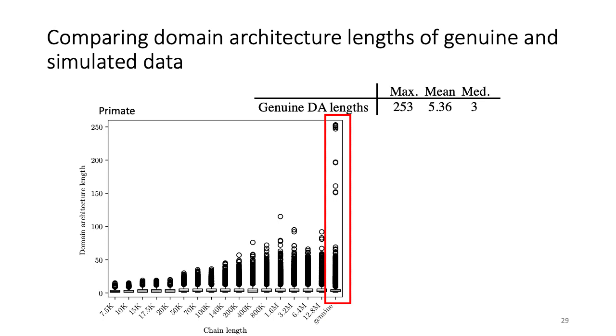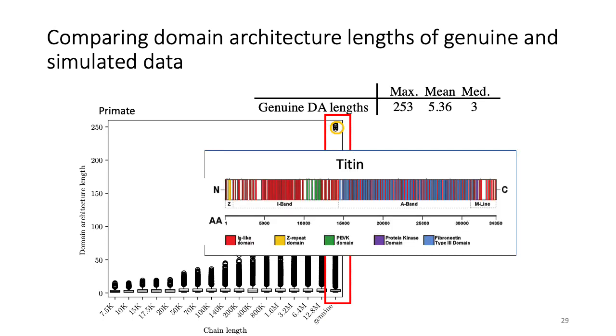The genuine distribution contains some outliers with very long domain architectures. These huge outliers are orthologs of titin, a muscle protein that can contain as many as 253 domains. Our simulator did not generate a domain architecture of this magnitude in any of our experiments.